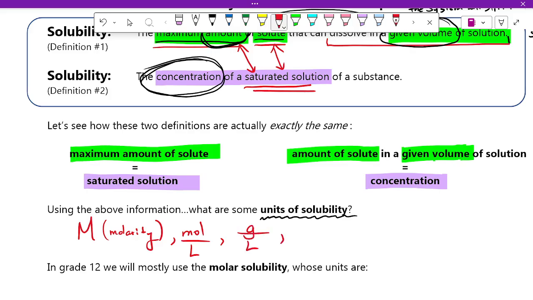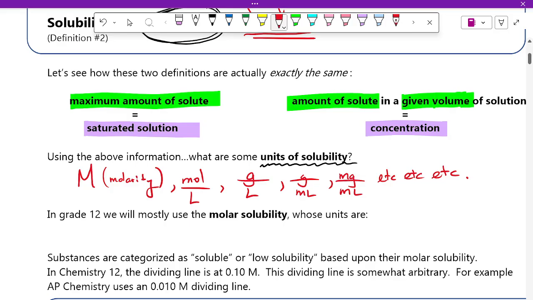Grams per liter. Grams per milliliter. Milligrams per milliliter, etc. There's all kinds of them. But out of all of those, we will mostly use molar solubility.